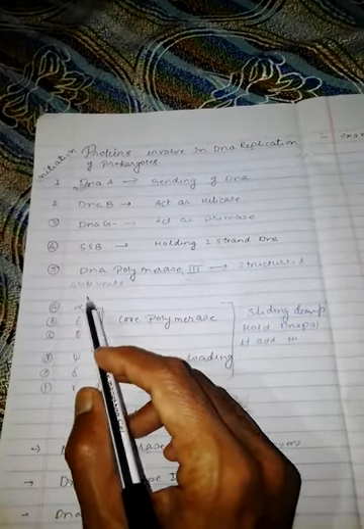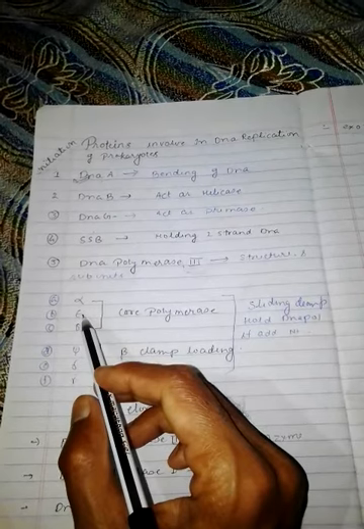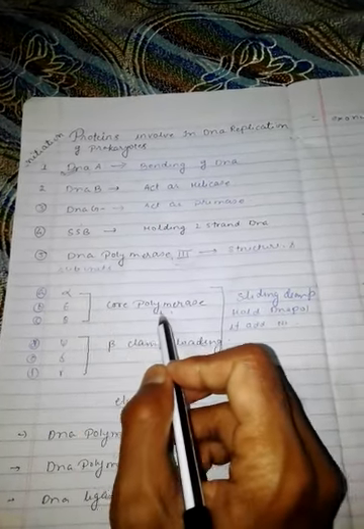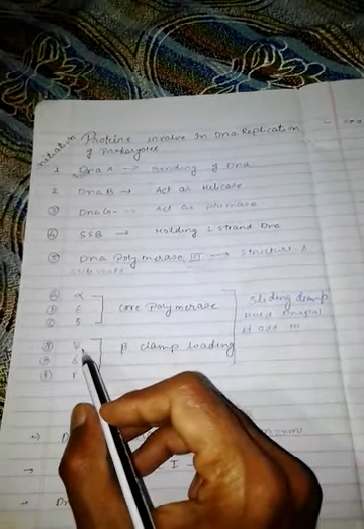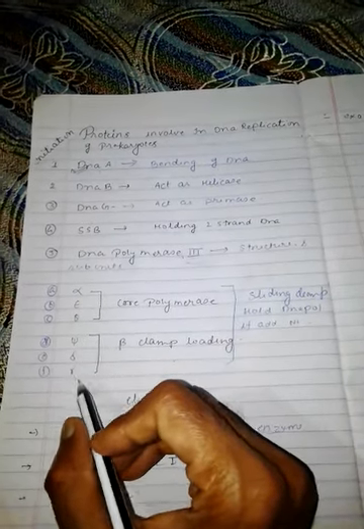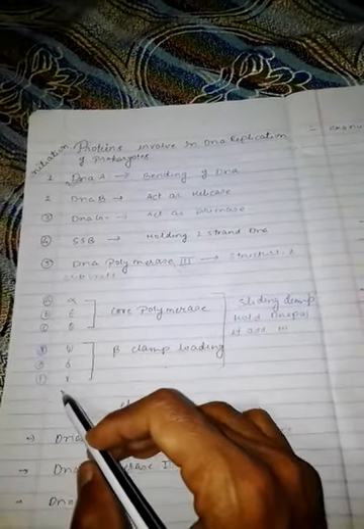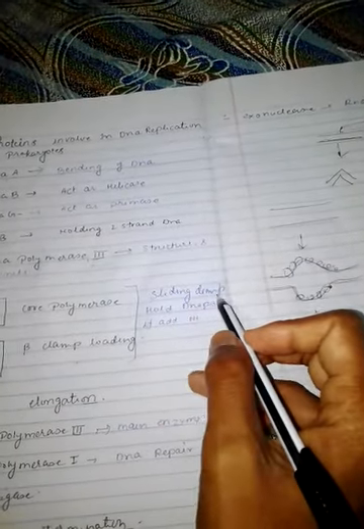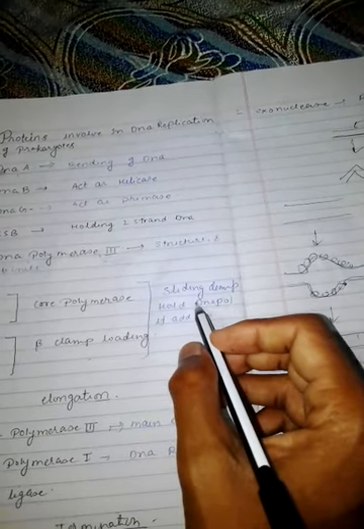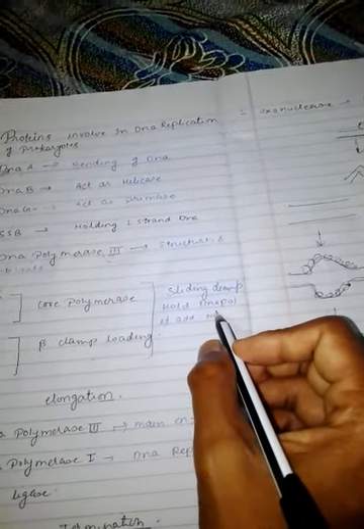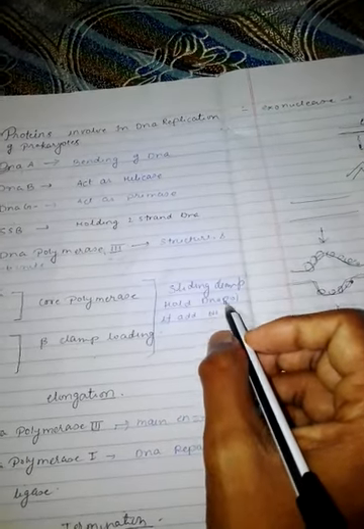The structure of DNA polymerase III has the following subunits: alpha, epsilon, theta help in the core polymerase, and psi, delta, gamma help in beta clamp loading. These subunits together are called a sliding clamp, holding the DNA polymerase during the adding of the nucleotide.